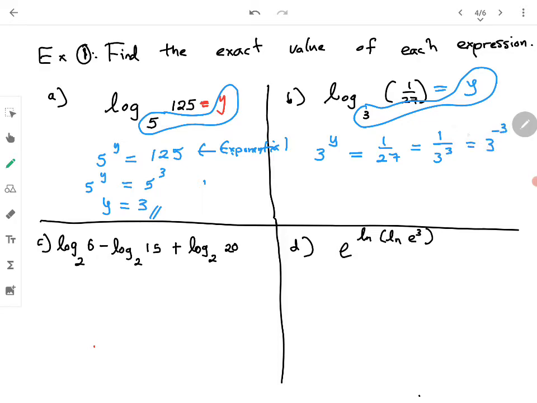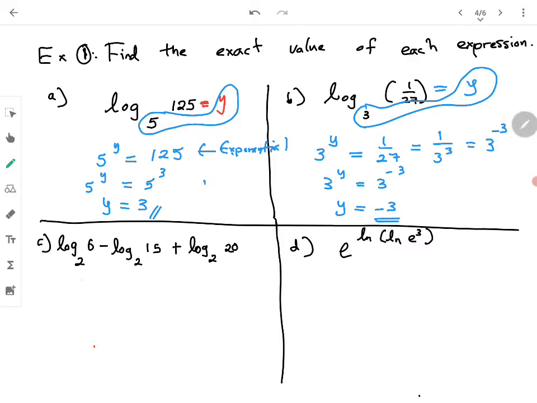So 1 over 3 cube is equal to 3 to the negative 3. So the bases are equal, that means the exponents are equal. So log 3 of 1 over 27 is equal to negative 3. So those are examples of how to use the definition of the log function.